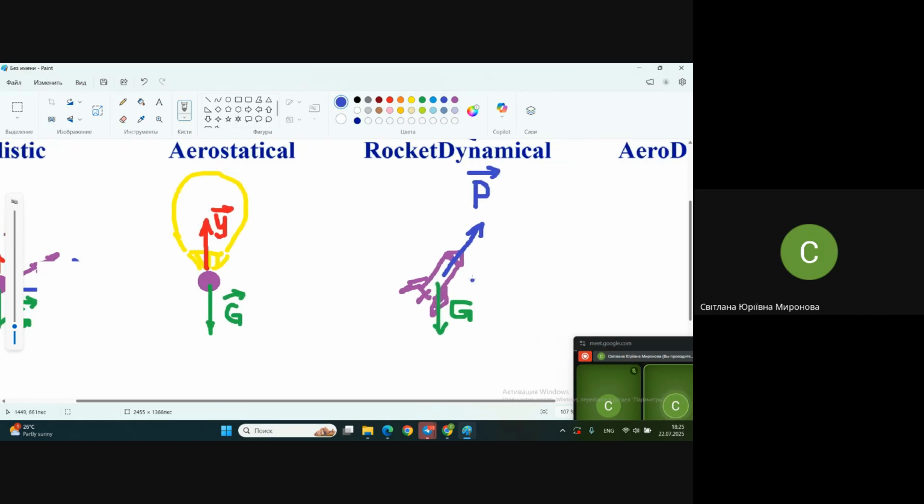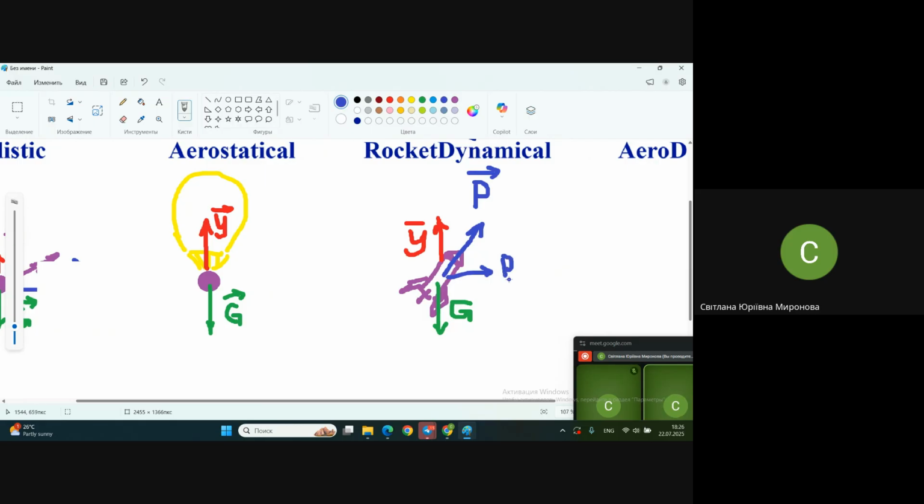It's also decomposed onto a horizontal and a vertical force. The vertical piece of this force pushes the object up, it's our lift. The horizontal force, let's call it Px in this case.